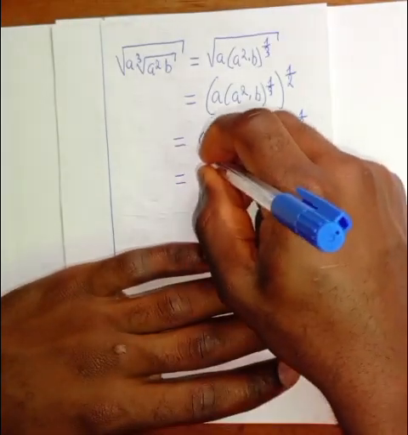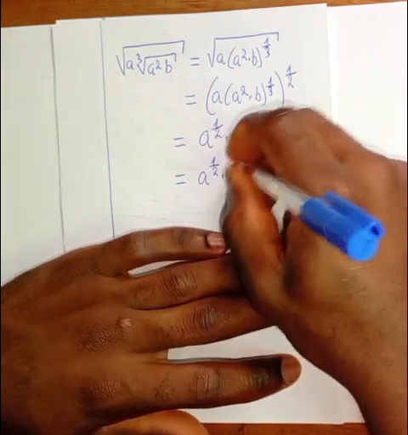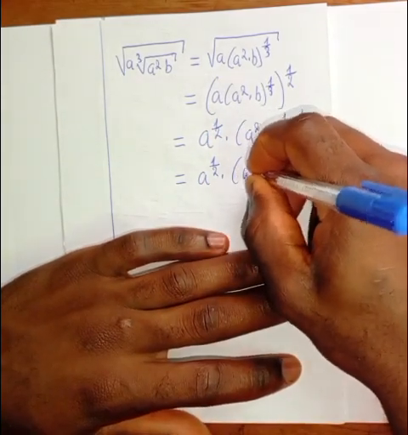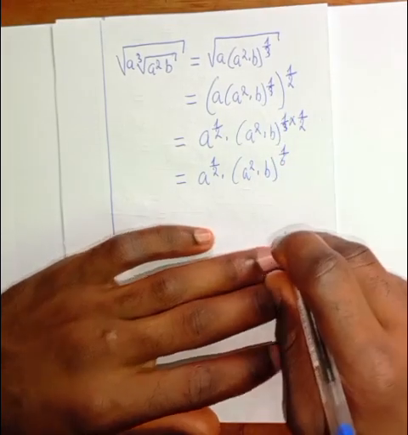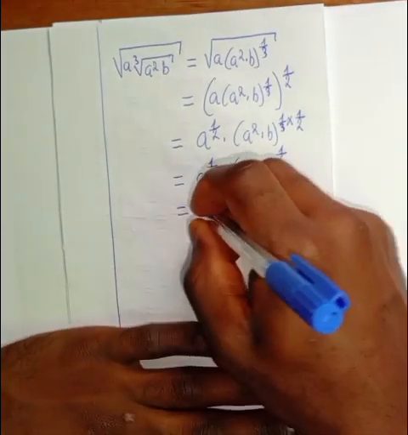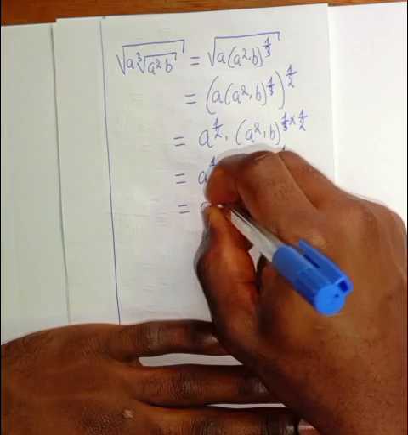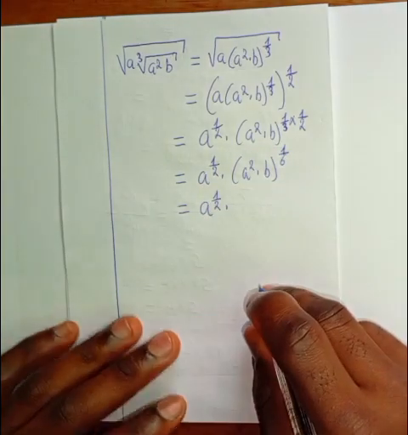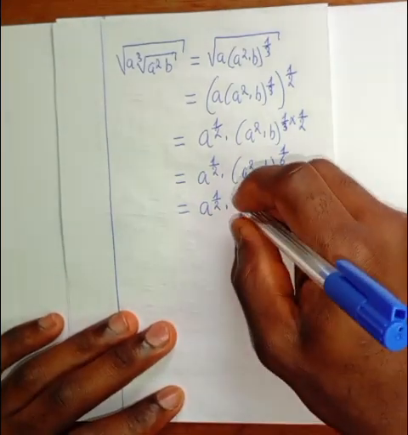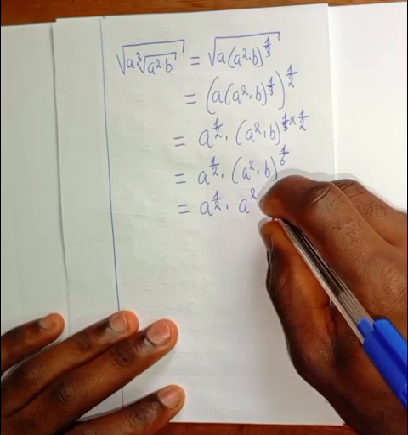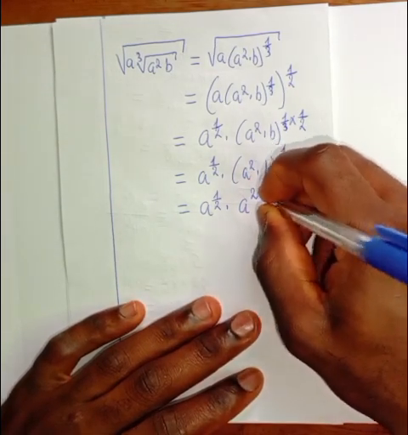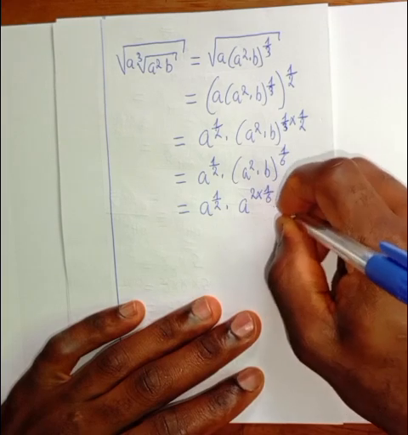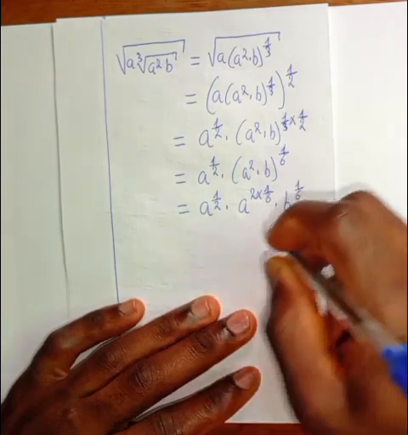This will be equal to a raised to the power a half times a squared times b, all this raised to the power 1/6. This will give us a raised to the power a half times, we are going to open this up, a raised to the power 2 times 1/6 times b raised to the power 1/6.